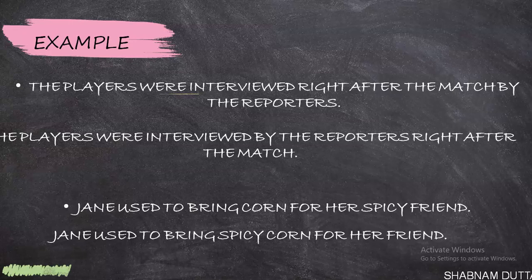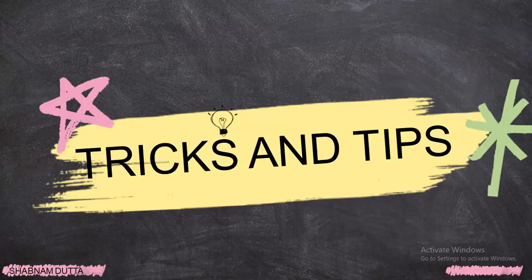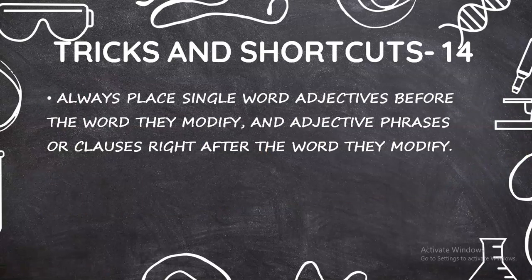Now, the tip here is to always place single word adjectives before the word they modify. As discussed earlier, adjective phrases or clauses come right after the word they modify. Got it? So that's all I had to discuss with you in this video.